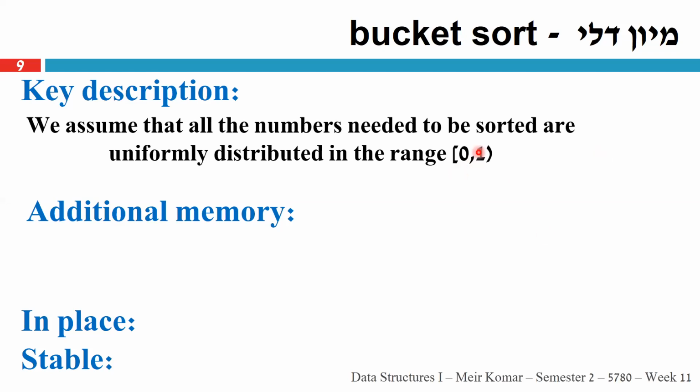This is deliberate: the bracket is rounded here and square there. Is everybody clear what this means? It's like a set: this end is included, and this is not included. So we're assuming all these decimal numbers.